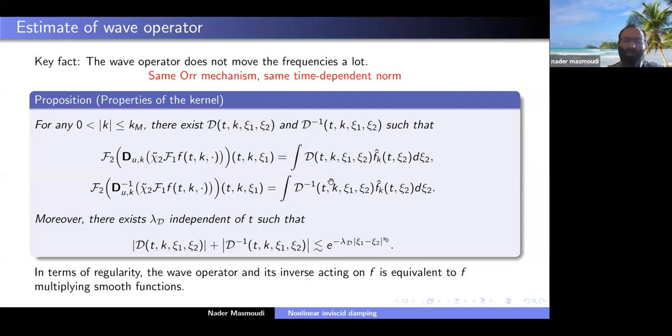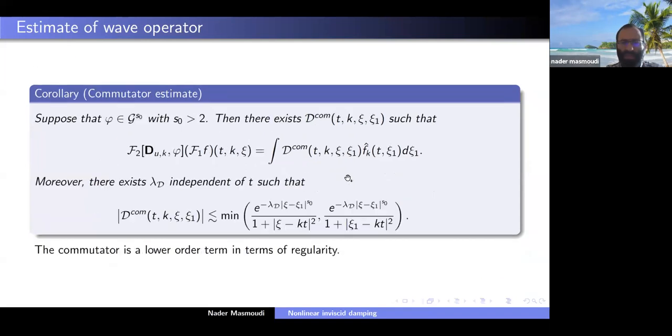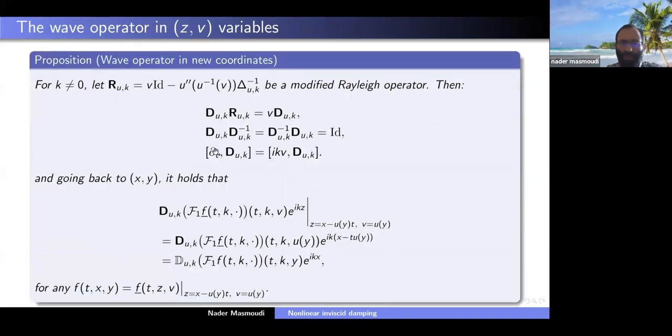Part of the paper is to prove this kind of estimate on the kernel. It behaves well both in how it moves frequency in Xi and in how it commutes with multiplication by constants. As I said, it commutes well with the time derivative, because of this identity that is not difficult to prove from the exact formula here.